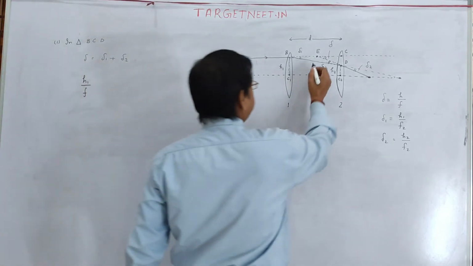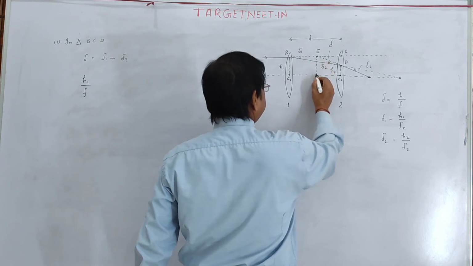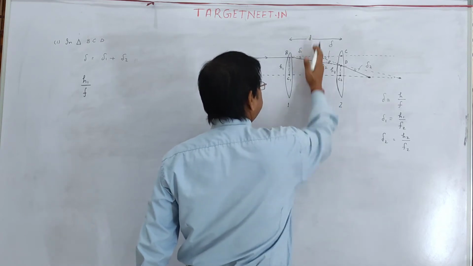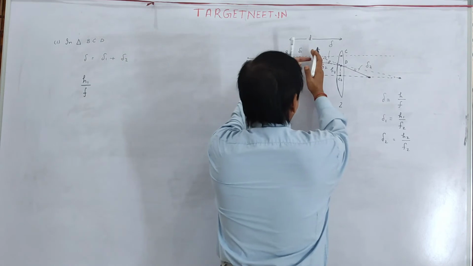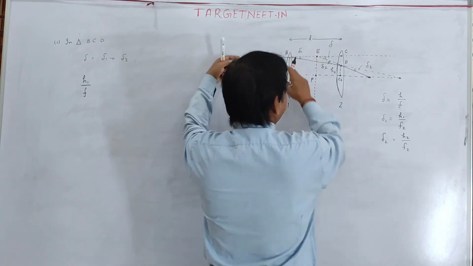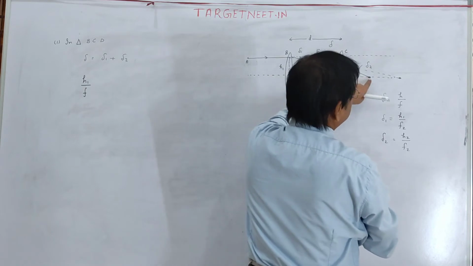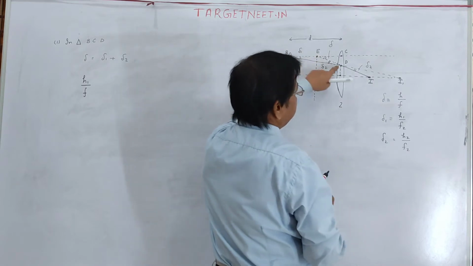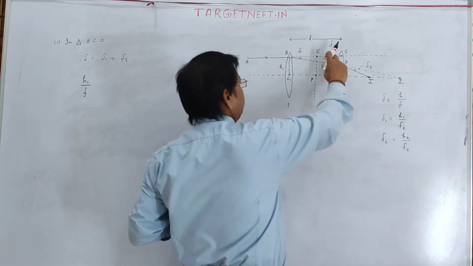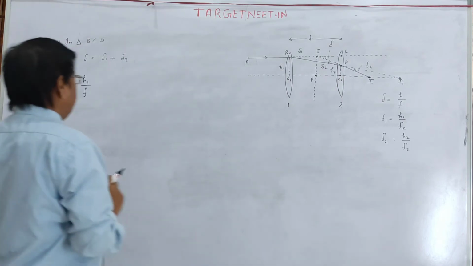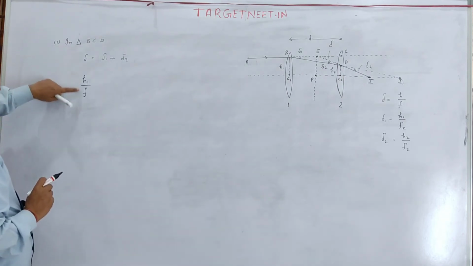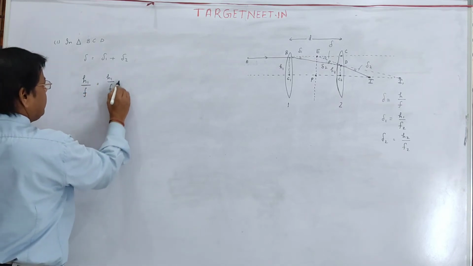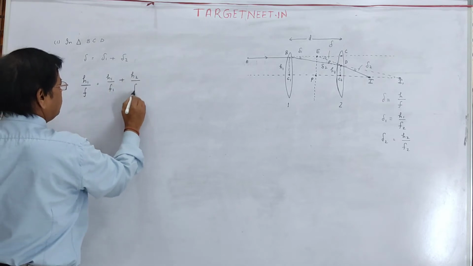If I put a single lens here, this point be P, then AB will be the incident ray and EDI will be the emergent ray. So the angle of deviation will be this. It means in place of delta we can write h1 upon f. Similarly, in place of delta 1 plus delta 2 we can write h1 upon f1 plus h2 upon f2.